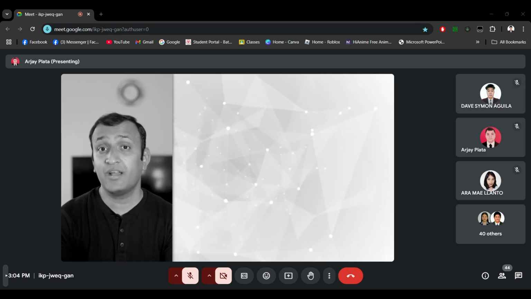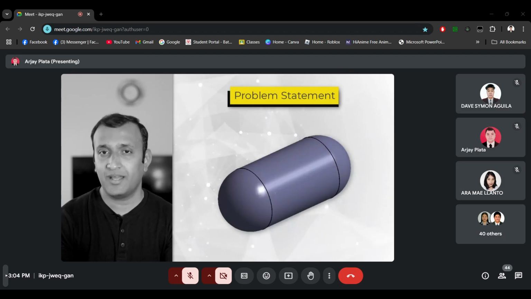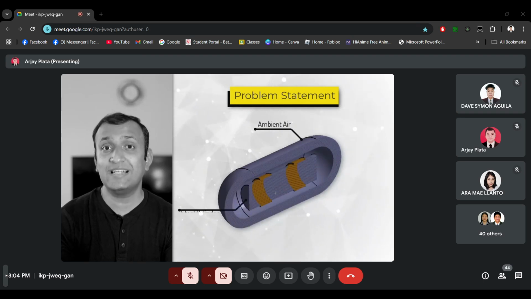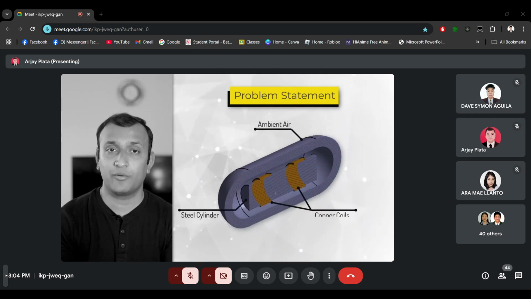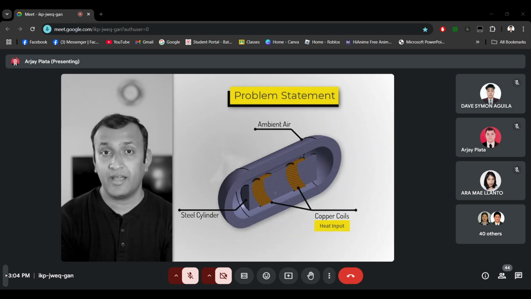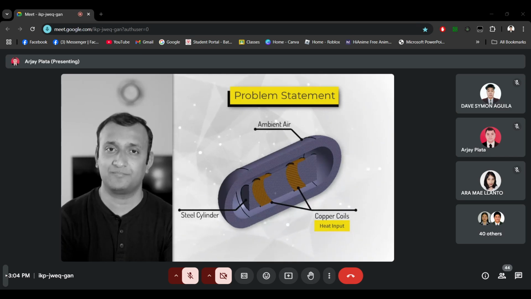In the demo, we'll perform heat transfer analysis on this steel capsule. It's open to ambient air, and inside there's a concentric steel cylinder that has two copper coils. The copper coils act as a source of heat input to the system, and we assume there's vacuum inside the capsule, and therefore the only mode of heat transfer between this cylinder coil system to the capsule is via radiation.